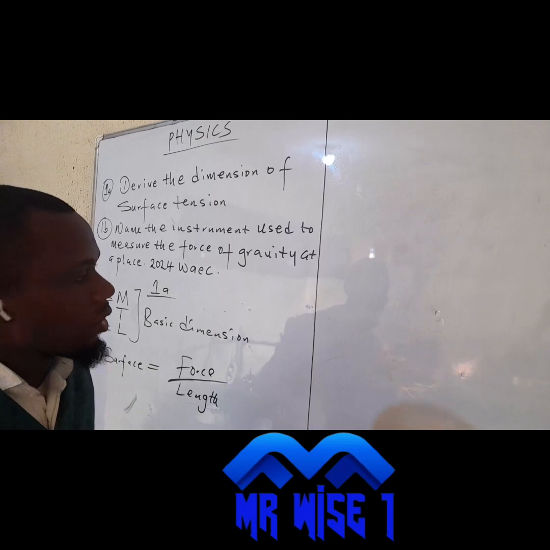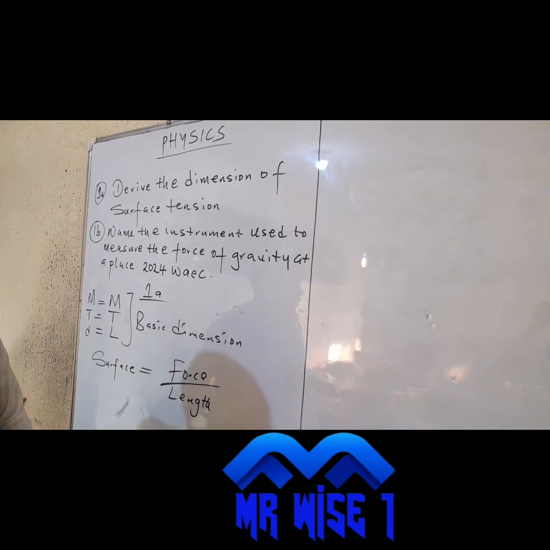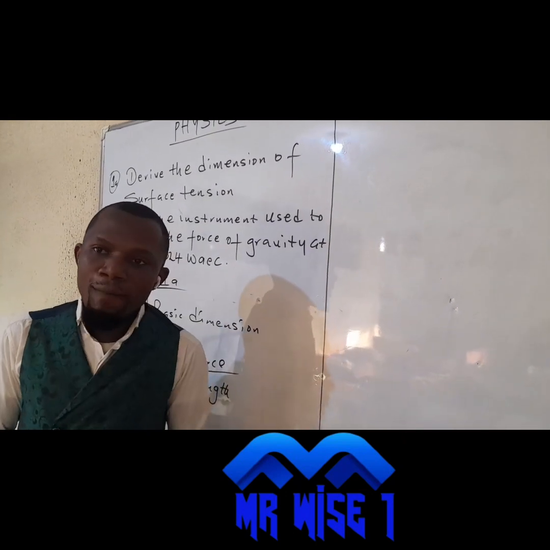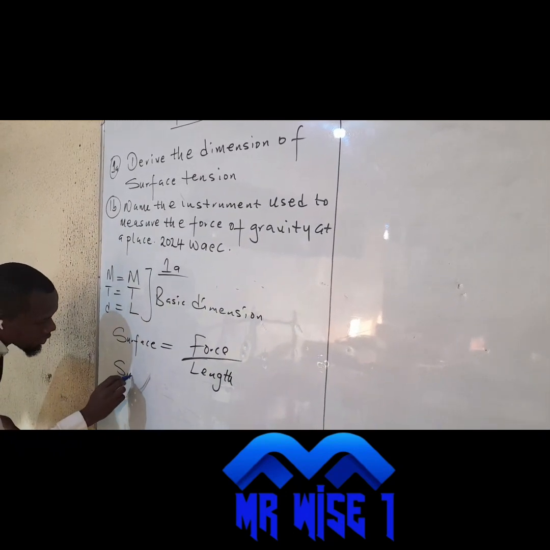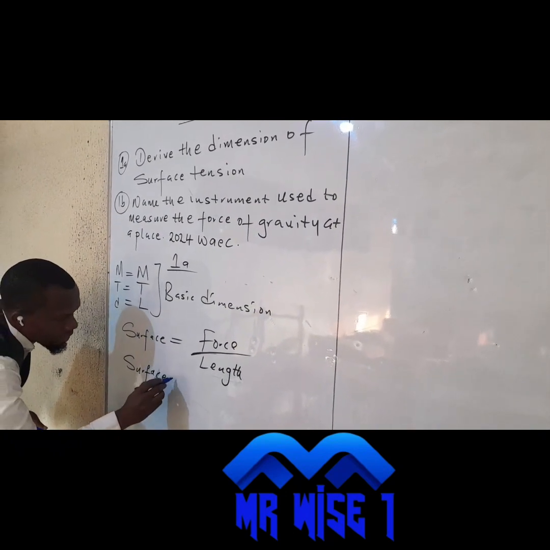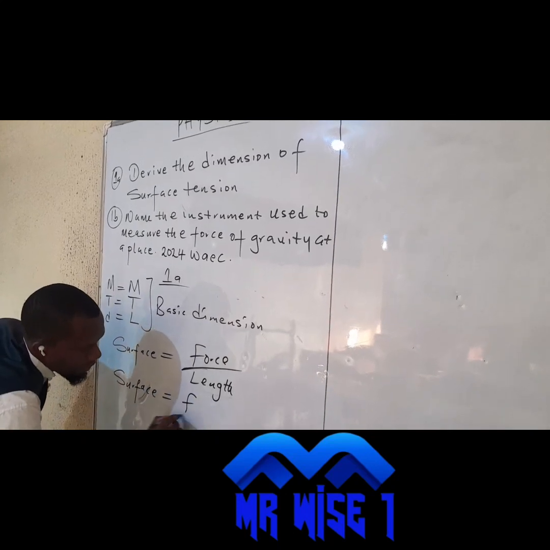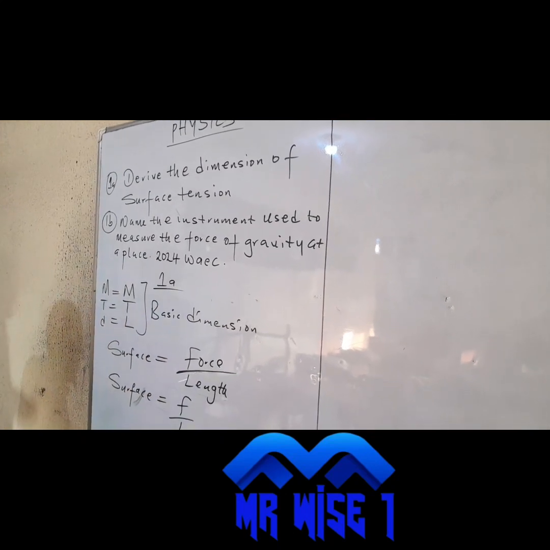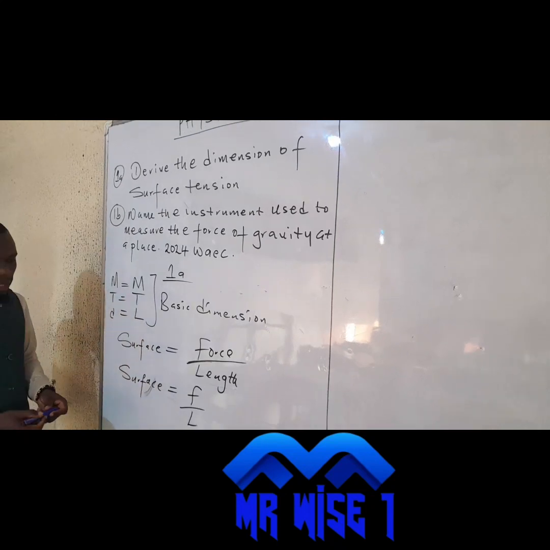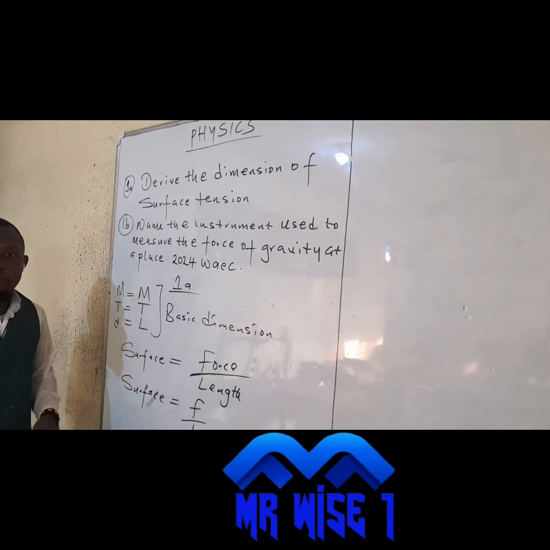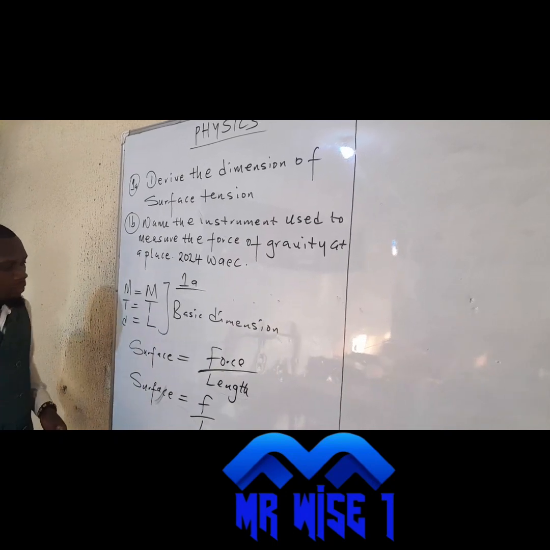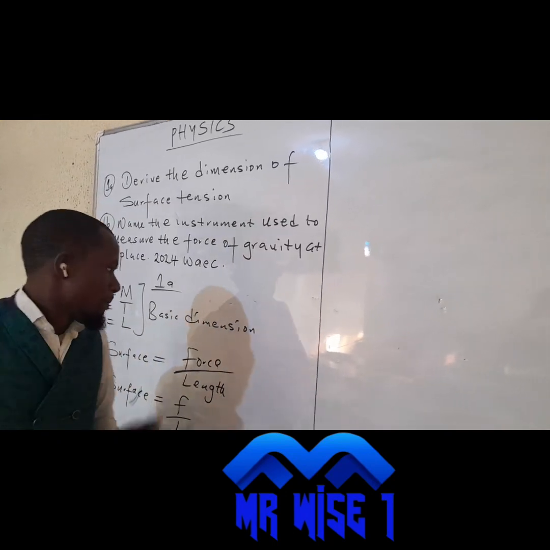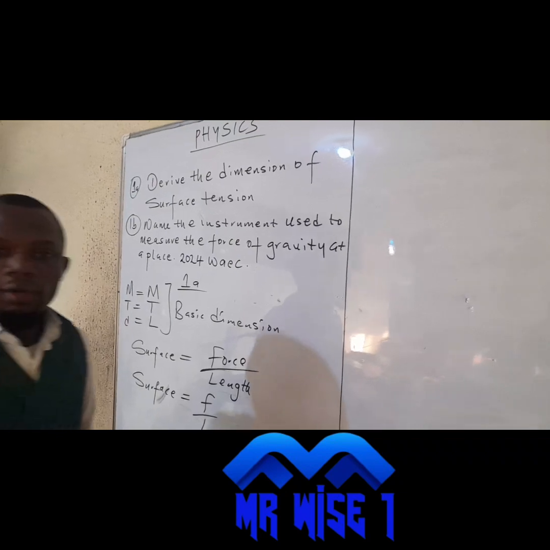So this is my mathematical expression for surface tension. With this formula, I now have to find my dimension. My surface tension is equal to F over L. What I'm going to do is go for the dimension of force, because the dimension of length is already capital L, based on the basic dimensions we have on the board.